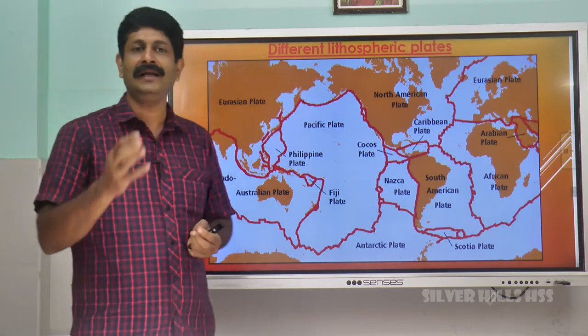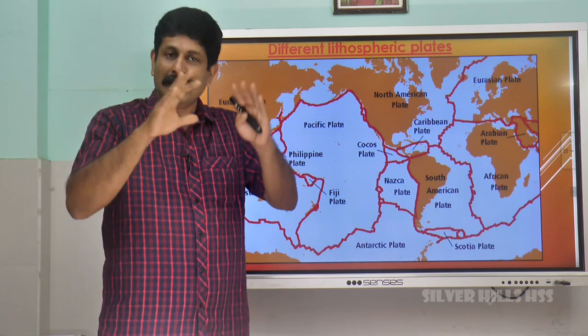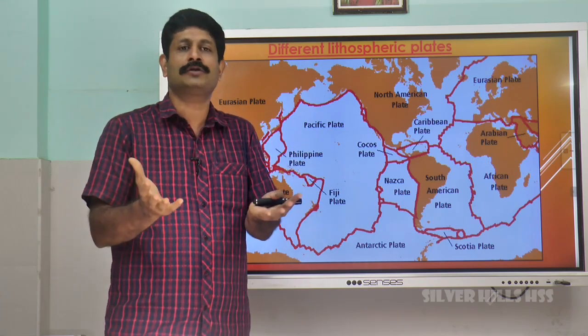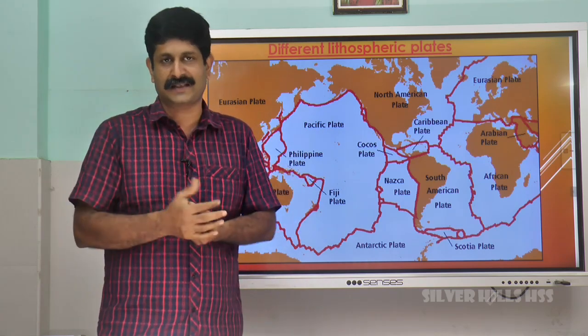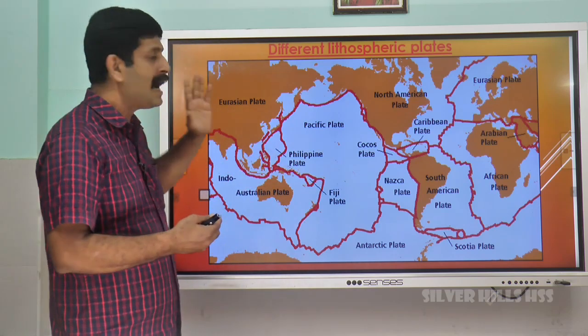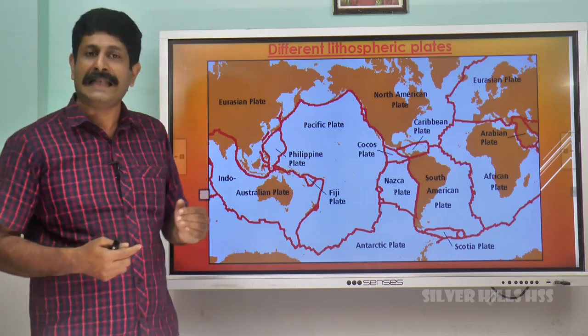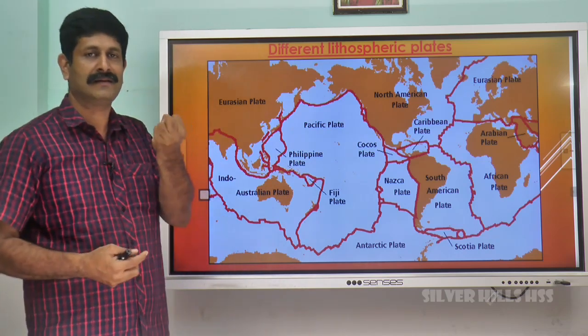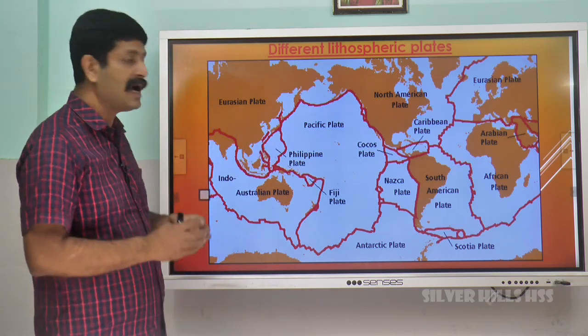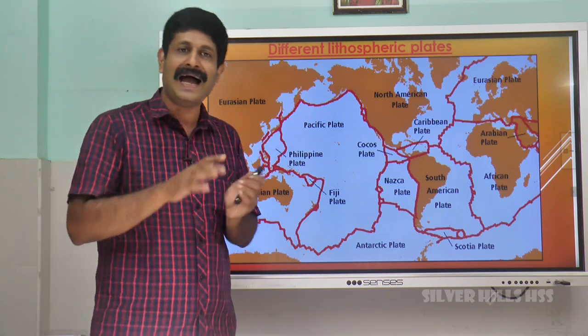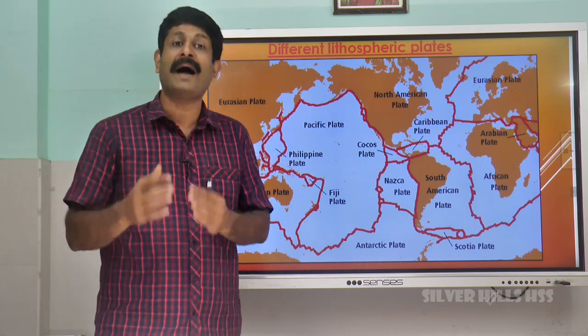We divide the earth's lithosphere into small pieces. One we call the big pieces, another the smaller pieces. The first we call the major plates, and the other the minor plates.